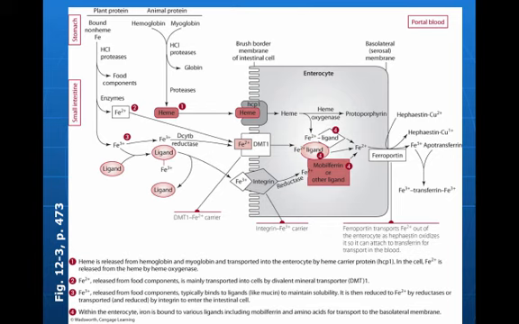That's where a lot of my research was done. What we found is in copper deficient rats, they became extremely anemic. But we also found that copper deficient rats had really high levels of iron in their liver, extremely high levels, and yet they were extremely anemic.